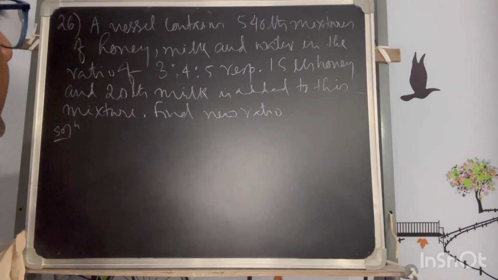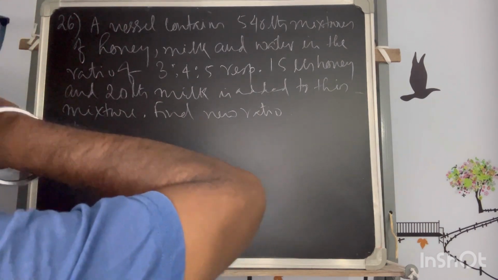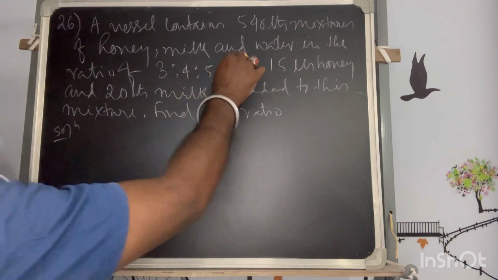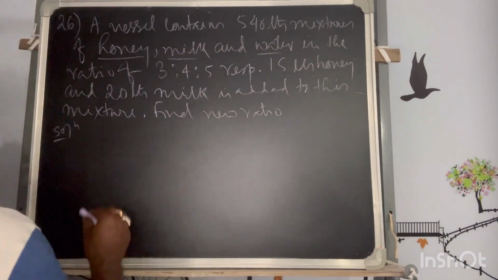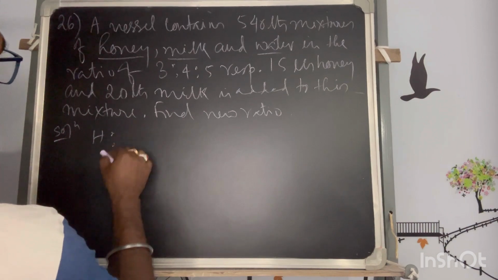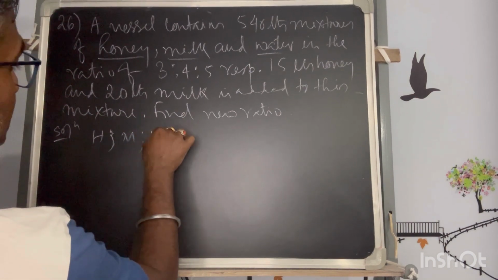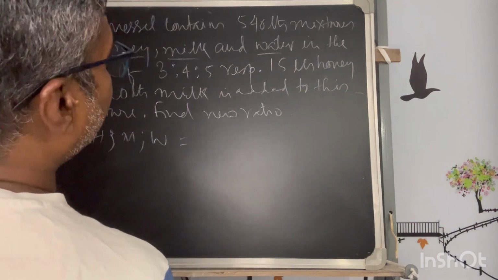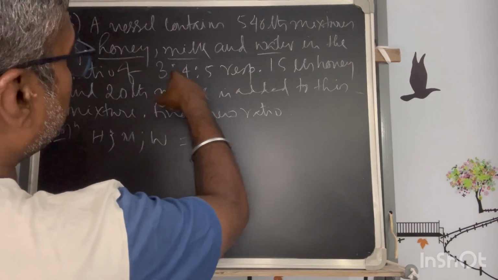So what you have to find is the initial amount of individual items. Okay, so honey, milk and water are in the fraction of 3 by 12 (this is total of 3 plus 4 plus 5).